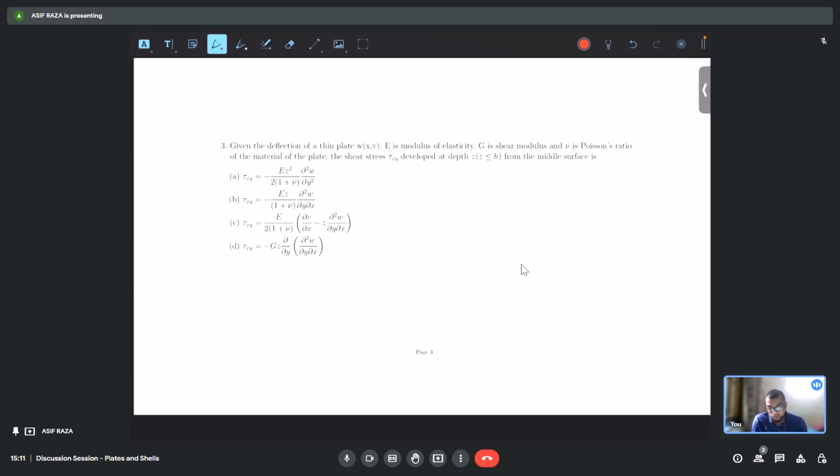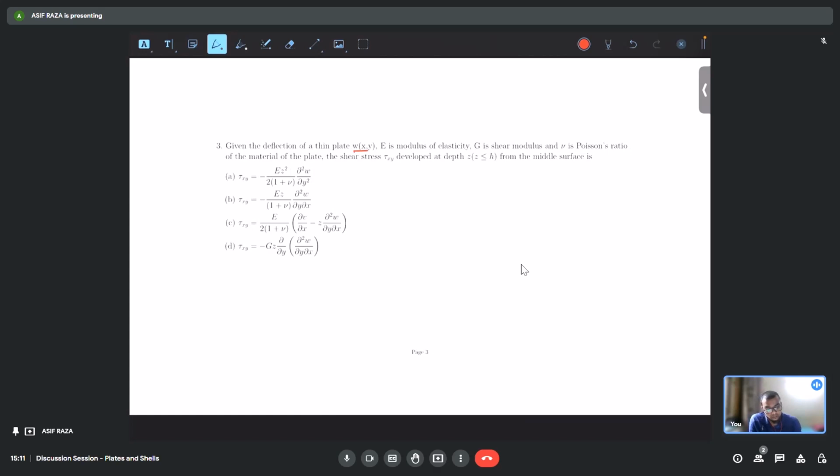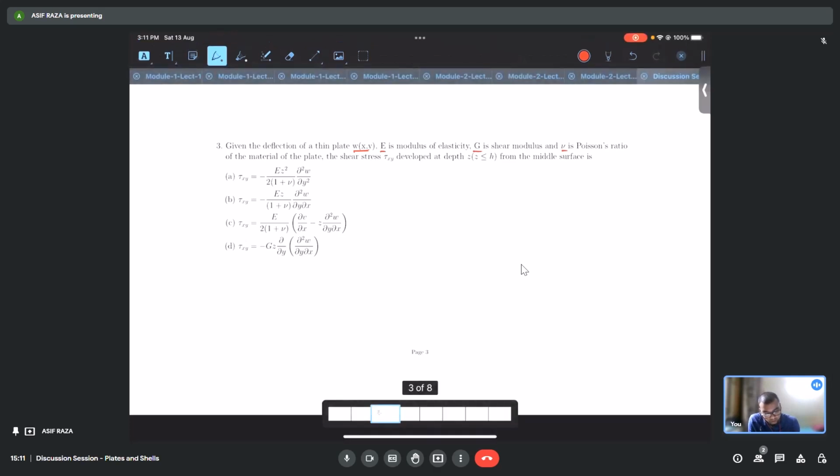The third question is, given the deflection of a thin plate w(x,y), E is modulus of elasticity, G is shear modulus, nu is Poisson's ratio of the metal of the plate. The shear stress tau xy developed at depth z, where z is less than or equal to h from the middle surface, is? So how to solve this?